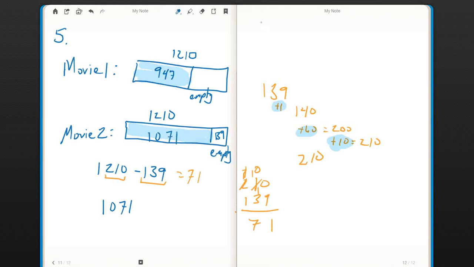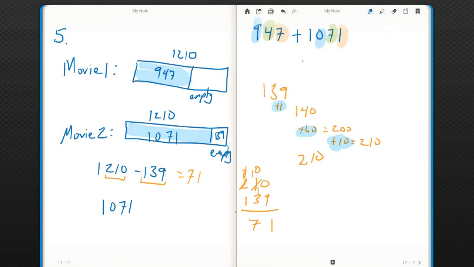Then I need to find out altogether how many people watched the two movies. So I'm going to add 947 and 1,071. Again, mentally, you're just going to look at all the different parts of the number and figure out when you're going to carry something over, when you're going to end up with a 10 that makes a bigger number.